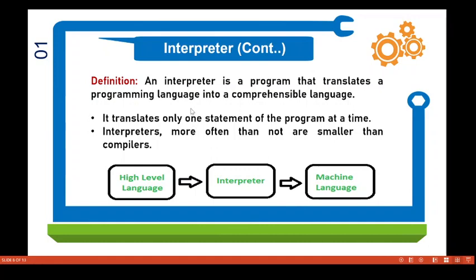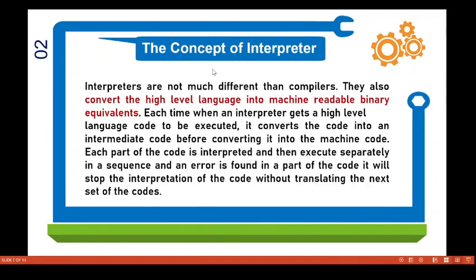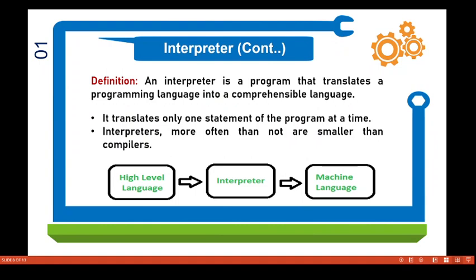Continuation of the interpreter. Sorry, this is a typo. It's supposed to be number 2. So, typing error. What is the definition? We can see the concept from the previous slide. The concept of interpreter, which we mentioned, is just like a compiler. So what is the definition? An interpreter is a program that translates a programming language into a comprehensible language.